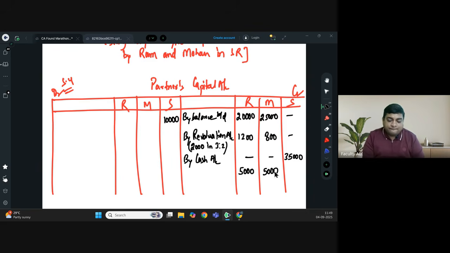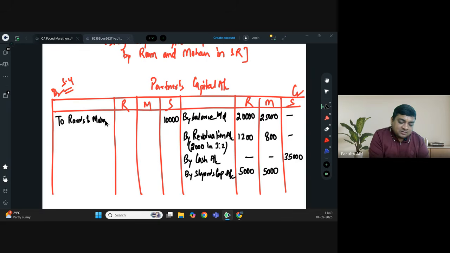Contra entry. So here it will be by Shyam's capital and here it will be to Ram's and Mohan's capital.